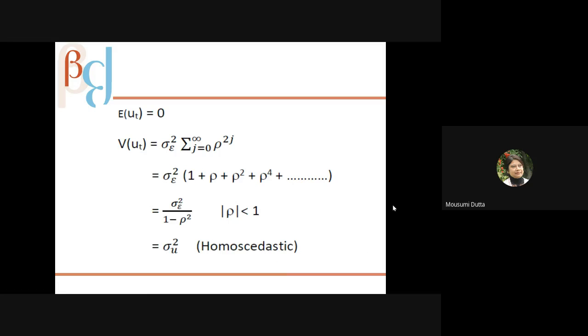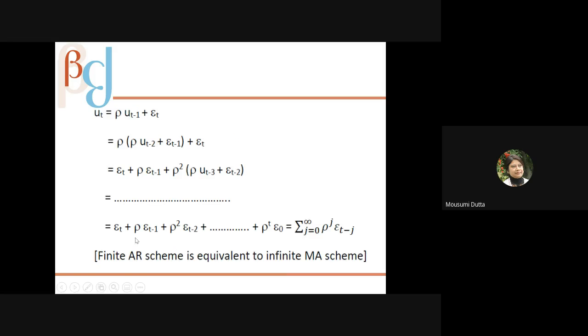In the next step, we will look at the properties of the error term. We will try to find out what is the value of the expectation of ut, what is the value of the variance of ut. Expectation of ut is equal to 0. As I mentioned, all this epsilon is classical in nature.